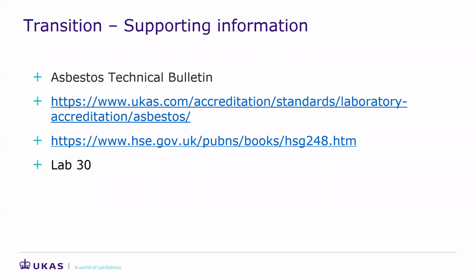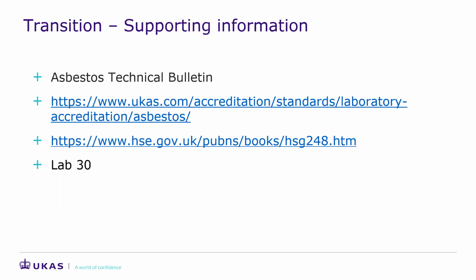Regarding Lab 30, which is the key supporting document for asbestos test laboratories. Now, for those of you who may already be aware, it has just completed a public consultation last month. And the main primary reason for this was on the back of 17025 being revised. And this will be published shortly. However, it will be out with any of the changes to the Analyst Guide Edition 2.